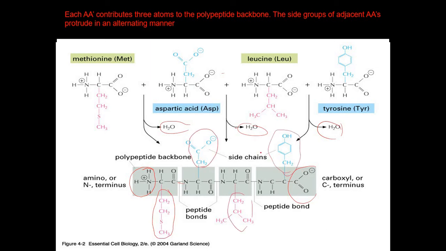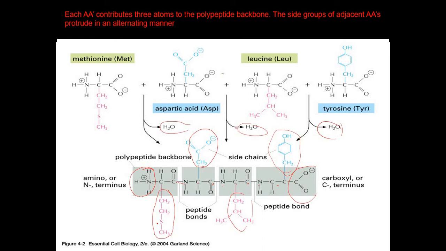This is a very convenient way to draw structures of polypeptides. Okay, so you have N, so you have amino group, alpha carbonyl, amino group, alpha carbonyl, amino group, alpha carbonyl, amino group, alpha carbonyl. Okay, so it's very convenient, right? It's very convenient to draw these amino acids.